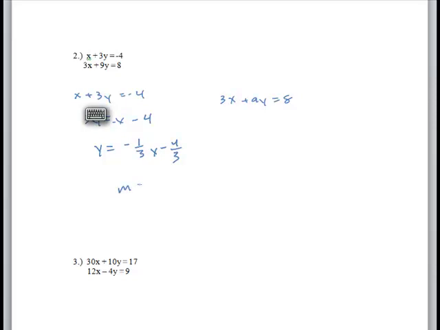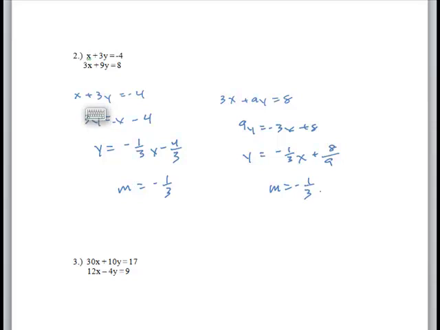So its slope is equal to -1/3. The second equation, subtract 3x from both sides, so 9y is equal to -3x plus 8. Divide by 9 and simplify, y is equal to -1/3 x plus 8/9. So its slope, once again, is -1/3.